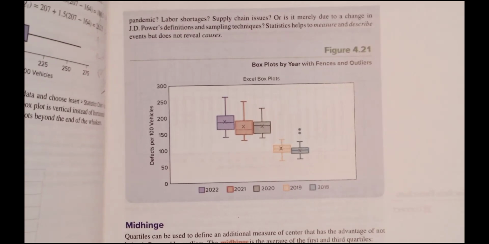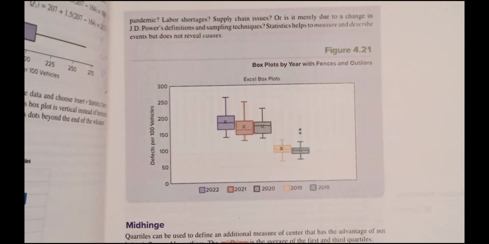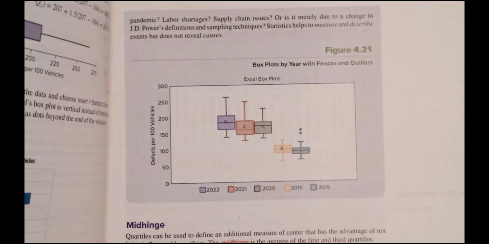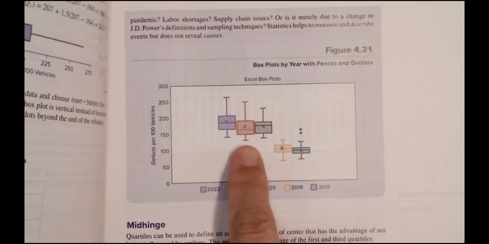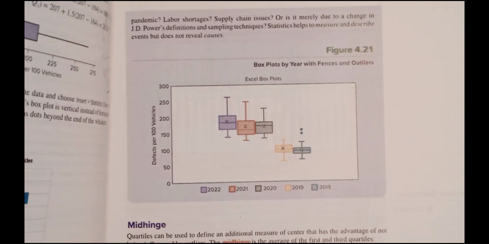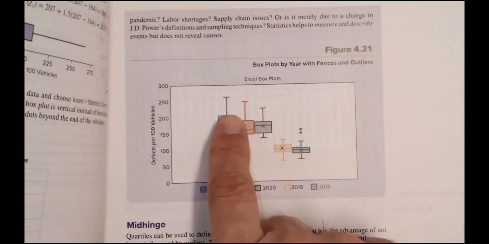Because these are all the same kind of data, we can compare them together, defects per 100 vehicles. We were looking at the 2022 data in our JD Power file, but here's 2022, 21, 20, 19, 18. We see dramatic differences year over year, right? Defects per vehicle is technically getting bigger.